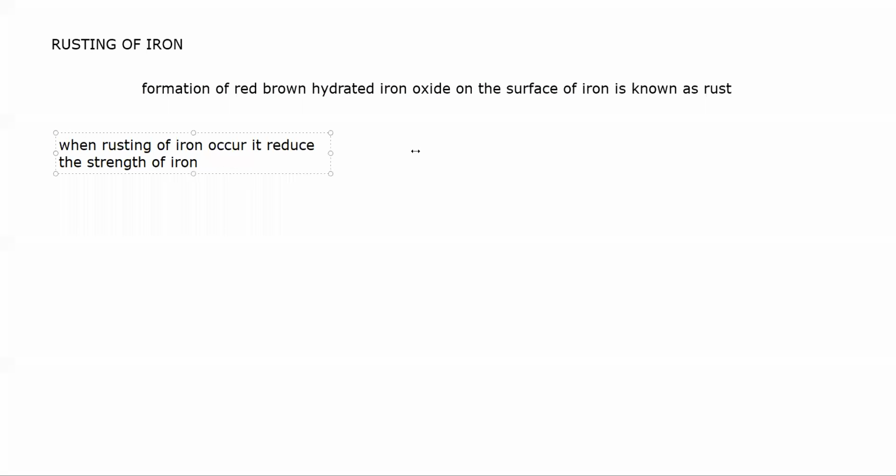Some metals form a protective oxide layer when rusting occurs, but that does not happen for iron. For iron, what happens when the rusting occurs?